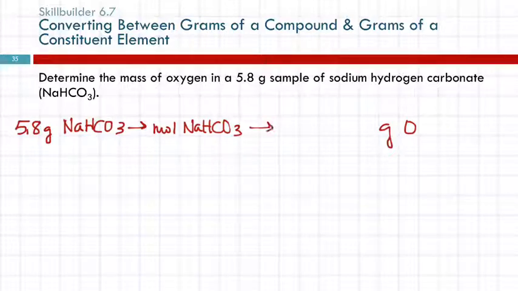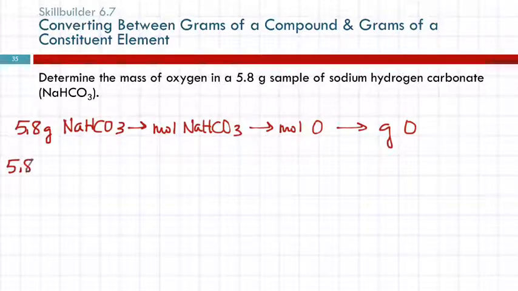And the formula is going to give me the relationship between moles of the compound and moles of oxygen in the compound. And then I can go from moles of oxygen to grams of oxygen using the molar mass of oxygen. Okay? Once you've got the path, you just follow the pattern of dimensional analysis.